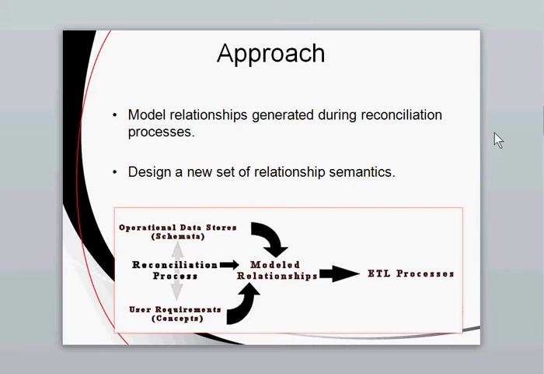The model can then be used as part of the ETL process. The model can also be used in the future to support modifications to the data warehouse, which may reflect upward into the ETL process, or to support modifications to the data warehouse when the underlying data sources change.